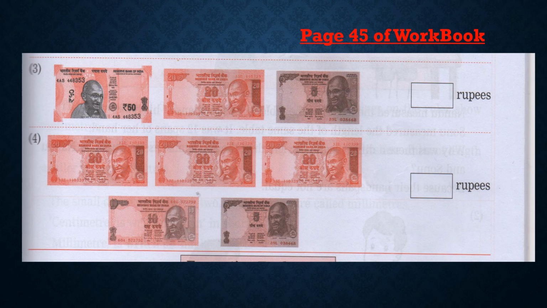Children, this is page 45 of your workbook. Question number 3. Let us add these notes. 50 plus 20, we get 70. 70 plus 5, we get 75 rupees.